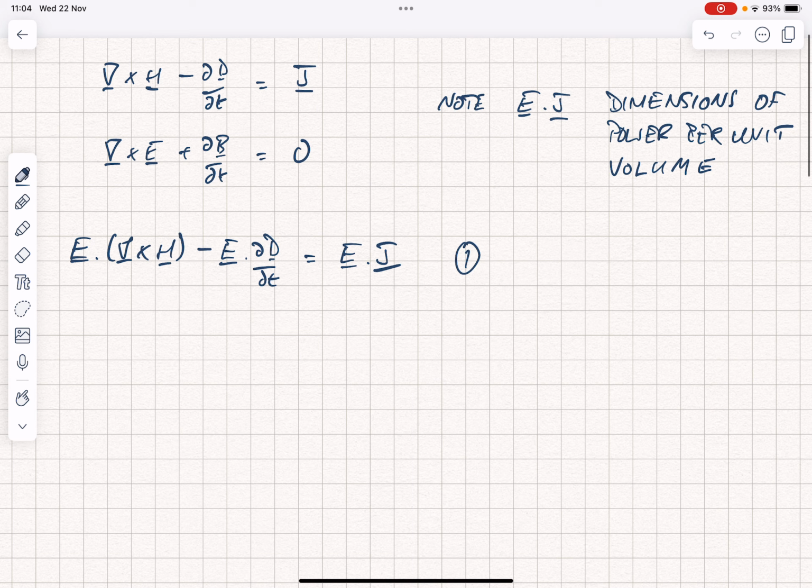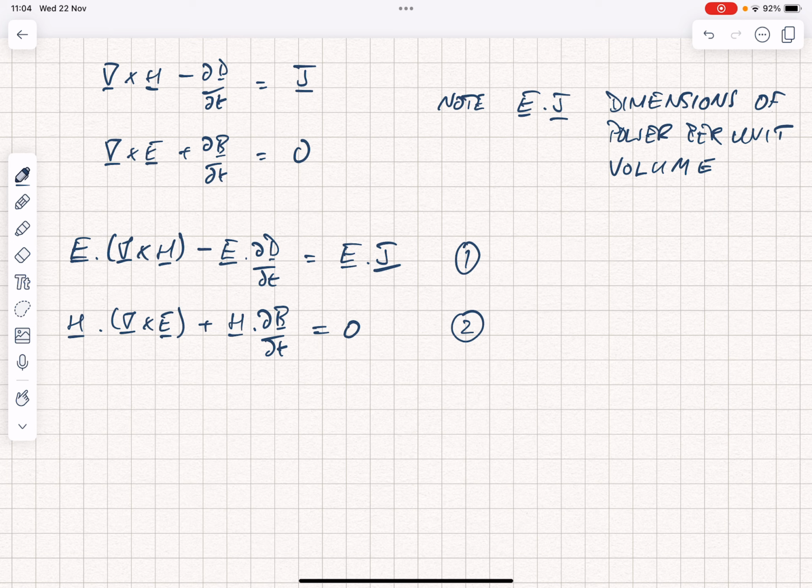Now, if we want to get a similar equation from Faraday's law, to get the units of power per unit volume, we have to dot that with H. You can see that just by comparing the two. So if we do that, then we get H dotted with the curl of E plus H dotted with dB by dt is equal to 0. And I'm going to call that equation 2.